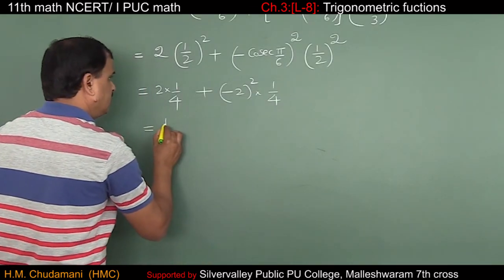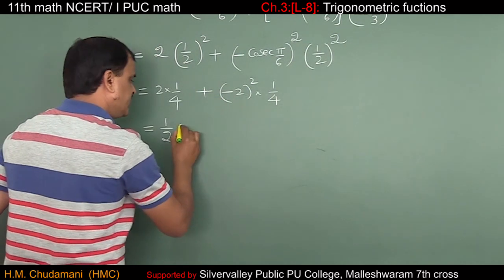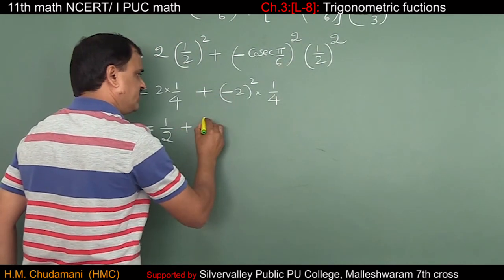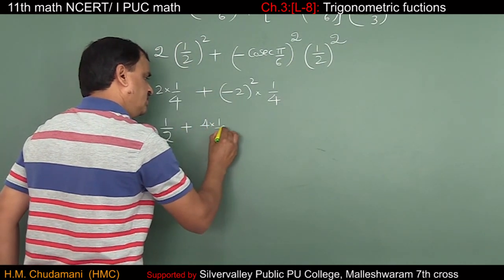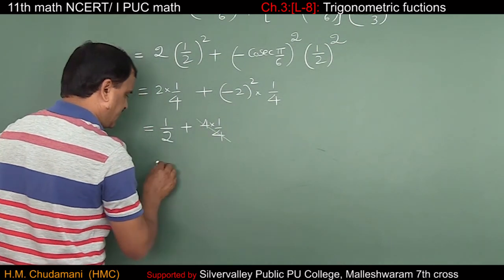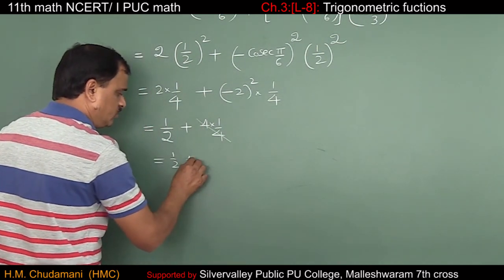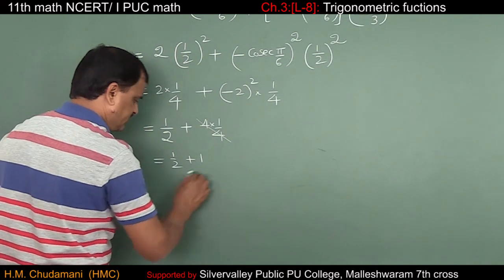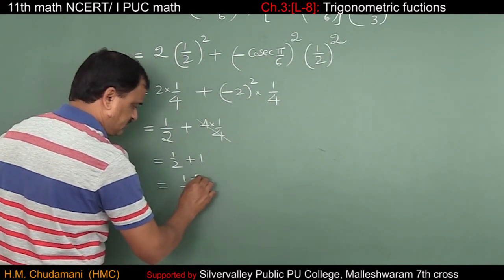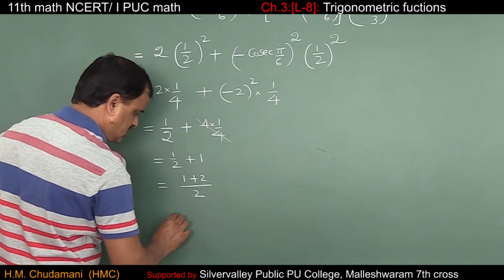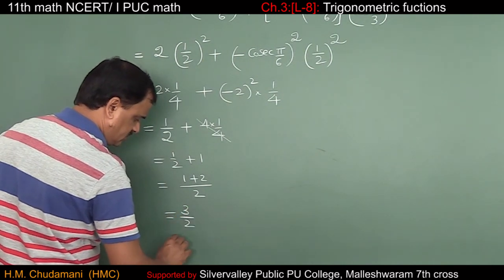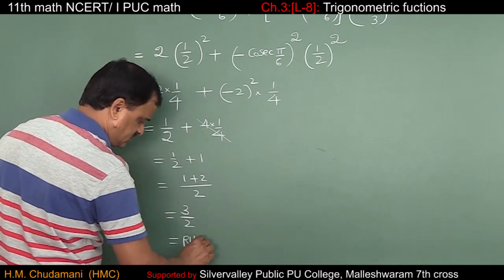This is 1 by 2, minus of minus into minus, plus 4 into 1 by 4. 4 gets cancelled. 1 by 2 plus 1. Take the LCM, 2 as the LCM, means 1 plus 2, 3 divided by 2. That is what we want. That is the RHS.